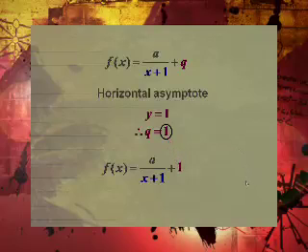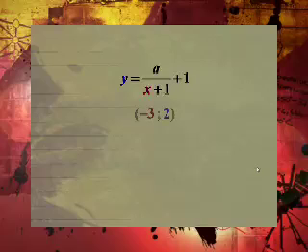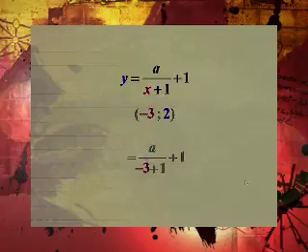Now all we need to do is get the value of a. How do we do that? Well, we've got the point minus 3, 2 on the line. So we can put x as minus 3 and y as 2 into the equation.